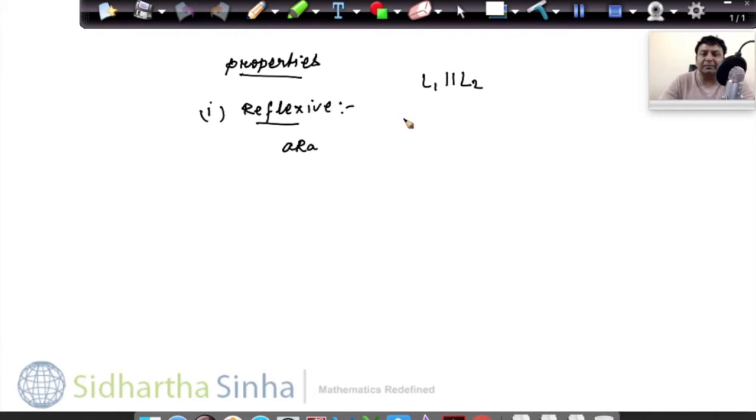Suppose I take this, then every line is parallel to itself. So that's reflexive. So A related to A is true. Fine. If I say perpendicular to, then obviously any line cannot be perpendicular to itself. So in that case, it is not reflexive.